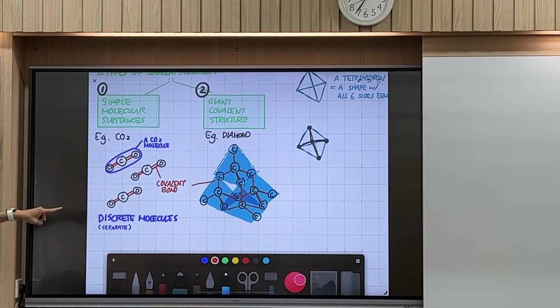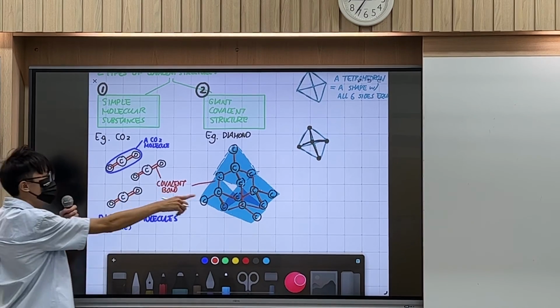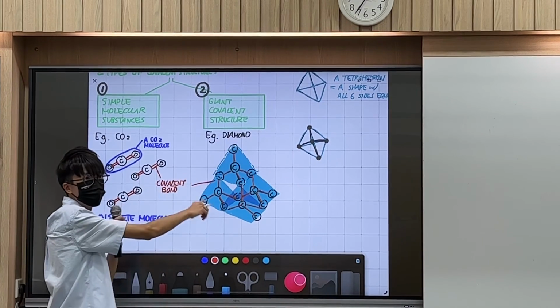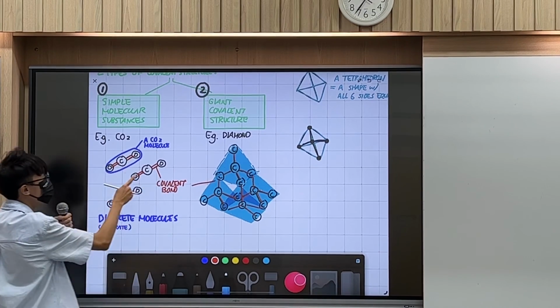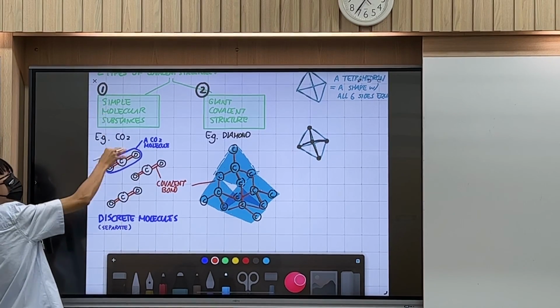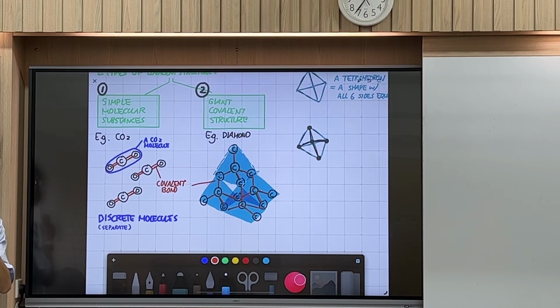But what is the difference between diamond and carbon dioxide? In here, this whole thing is a giant molecule. Do you see separate molecules in here? No. But in a simple molecular substance, you see many, many small molecules. So that's the difference. Actually, the structure doesn't end here.